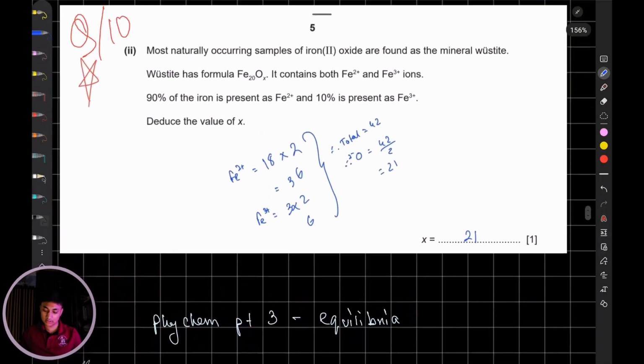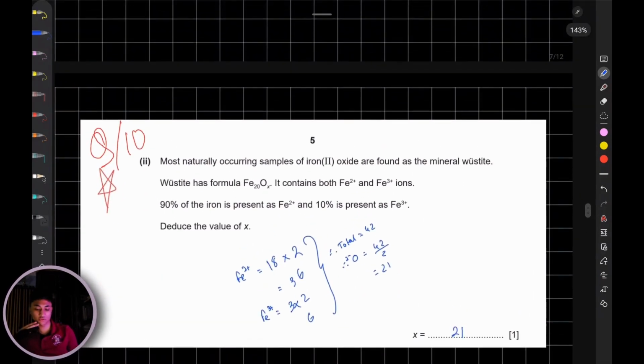question 10. This is basically stoichiometry, nothing else. This is asking you, I don't remember which question this is, which paper it is. If I find it, I'm going to add it in the description. So this is saying most naturally occurring samples of iron 2 oxide are found as a mineral, what is this?